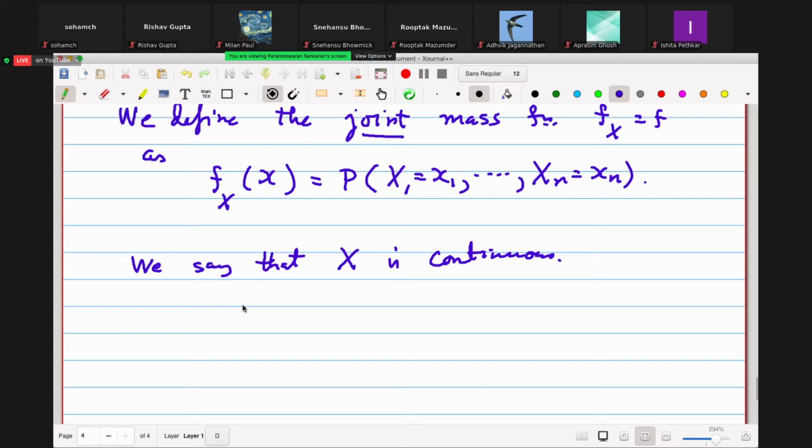Can't help it. We say that it's continuous if there is a function which is integrable. Let me first denote the domain and range, from Rn to R, which is integrable.